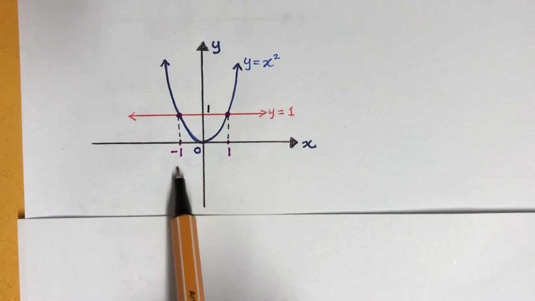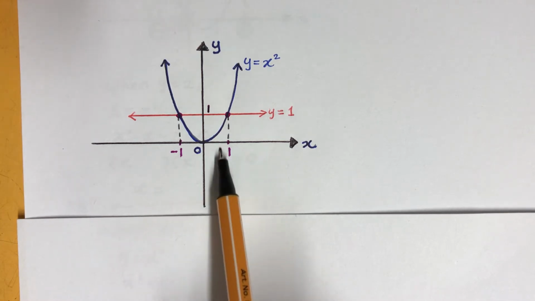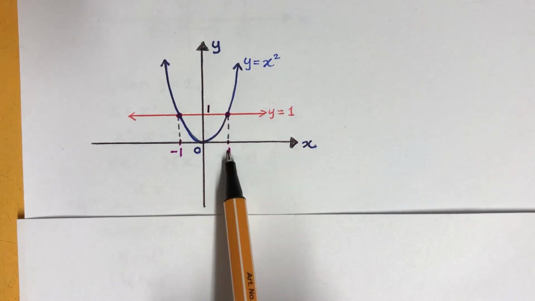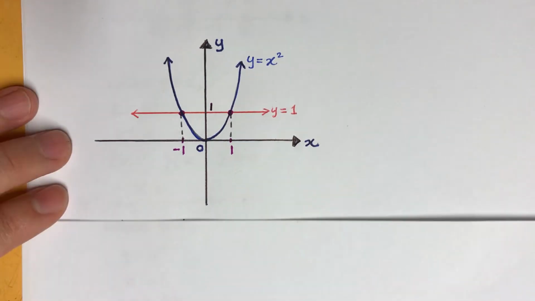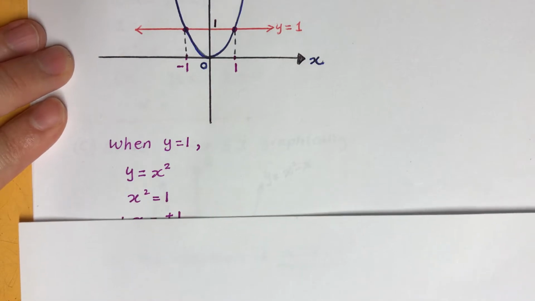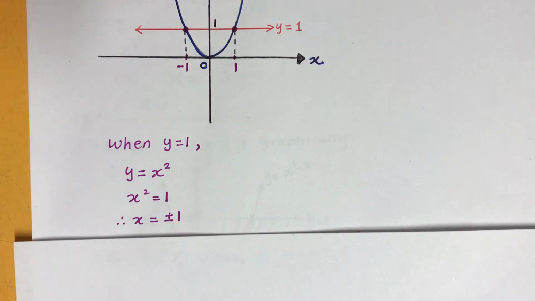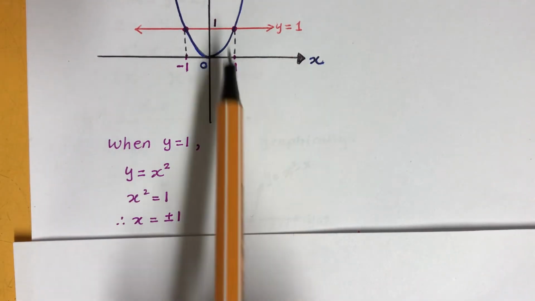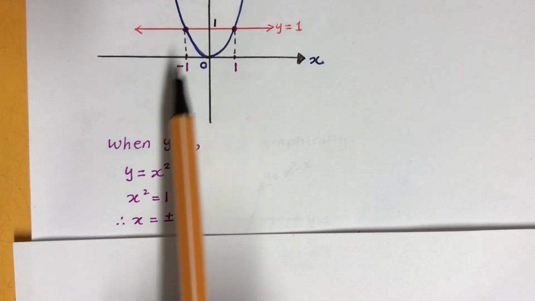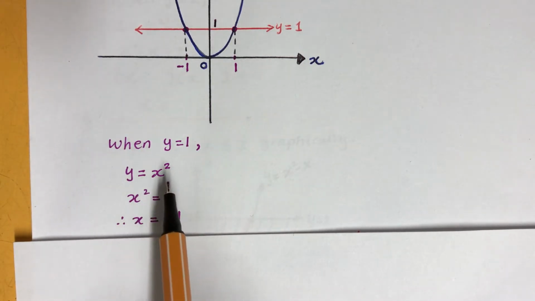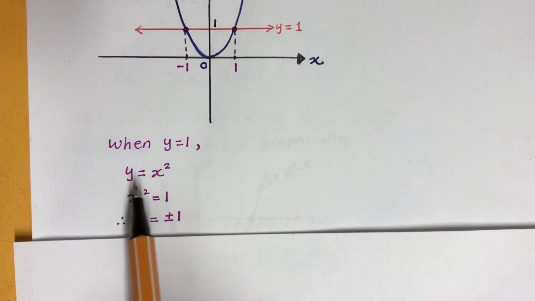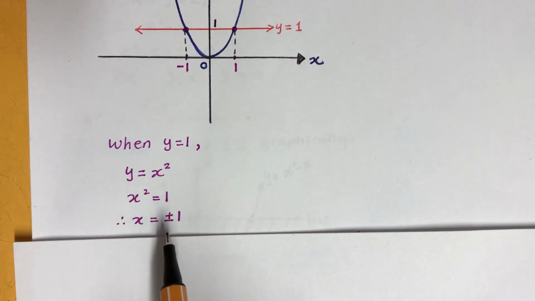Now how did I find these x coordinates when y equals 1? All I've done was just substitute y equals 1 into the parabola equation, and I get x equals plus 1, minus 1.